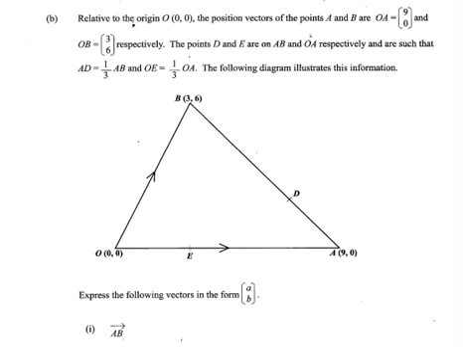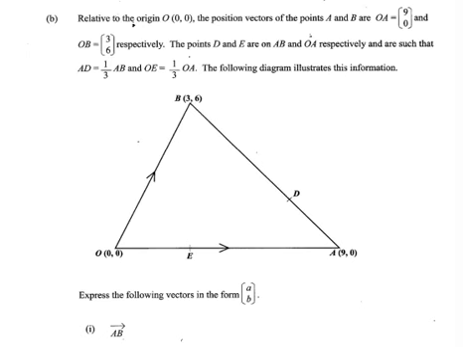The following diagram illustrates this information. So the first thing we have to do, bi, is to express the following vectors in the form AB. The first one, i, is the vector AB.